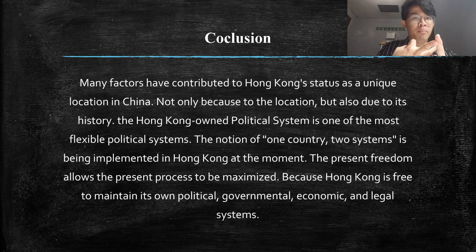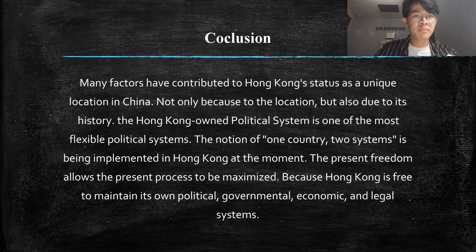They can live by their own will, and they can walk by their own dream. That is a very special administrative region that has been given by China.